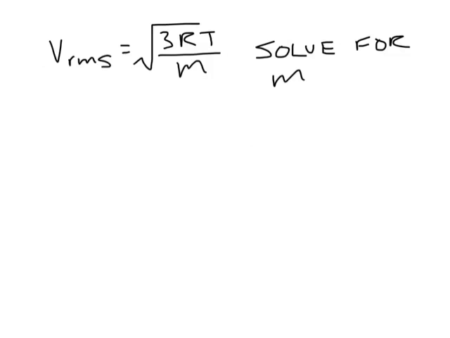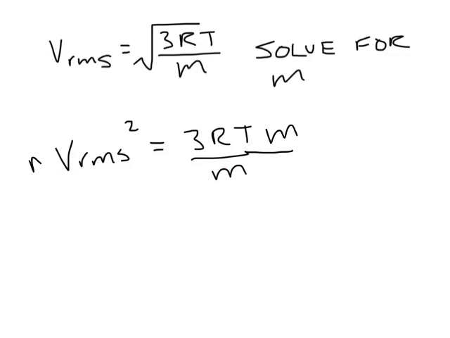And so the first thing that we need to take care of, doing our order of operations backwards, is we need to take care of exponents. So I am going to square both sides. So I have velocity root mean squared equals 3RT over M. And now I can get at that molar mass now that we've gotten this whole quantity out from underneath the square root. So I can multiply both sides by M. That cancels.